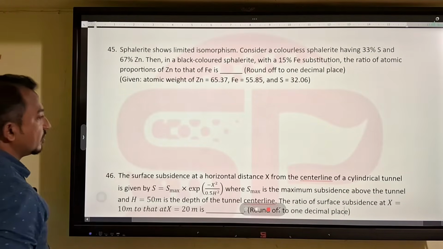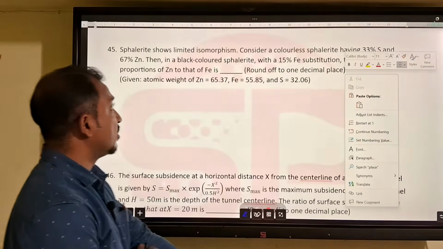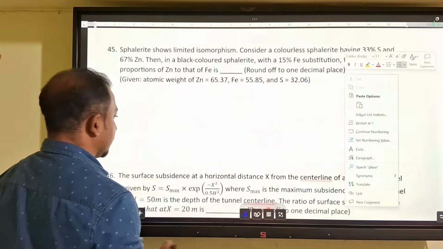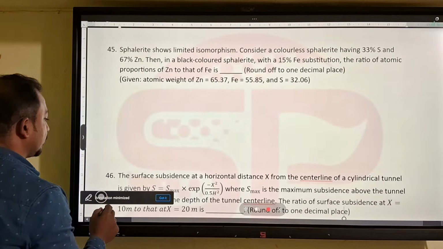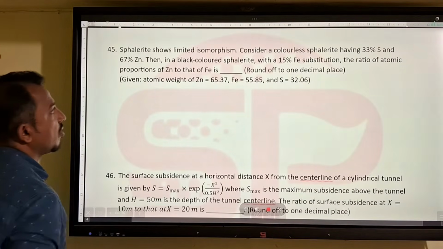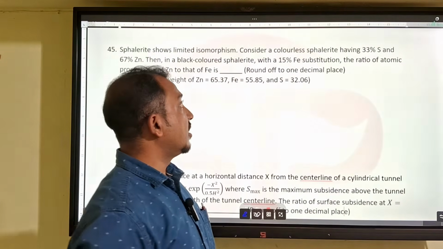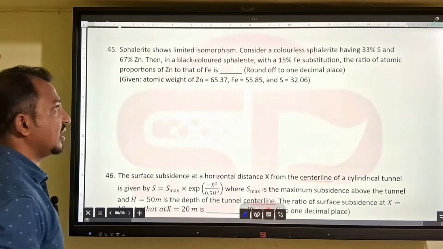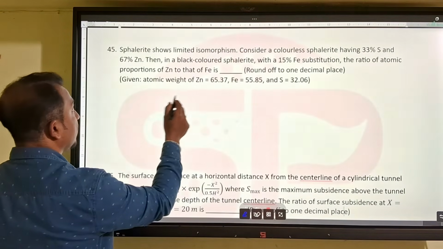That is sphalerite. It shows limited isomorphism. So the question is given: sphalerite shows limited isomorphism. Consider a colorless sphalerite having 33% S and 67% Zn. So what is the formula of sphalerite?